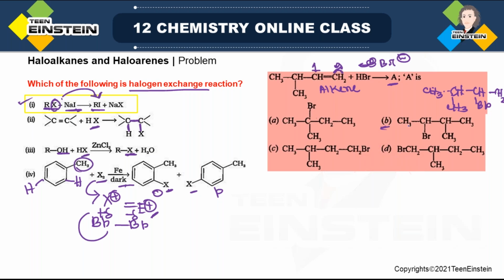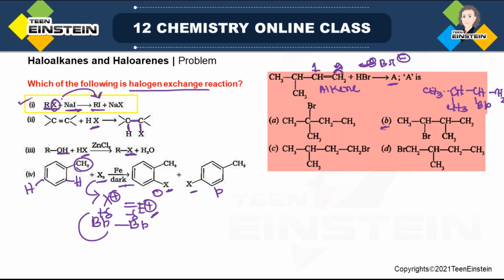Because remember, try to remember, in the last class I also mentioned that simply following the Markovnikov rule, when we are considering the addition reaction of HX to a C=C double bond, is not enough. You also have to take care of whether any rearrangement of the carbocation is possible or not. So if the carbocation rearrangement probability is not there, then if you are following the Markovnikov rule, you can reach the correct solution.